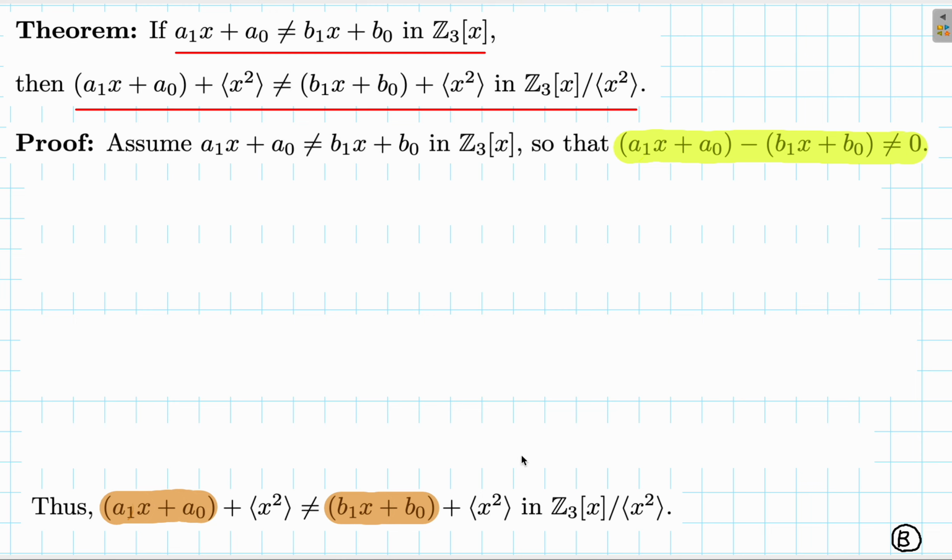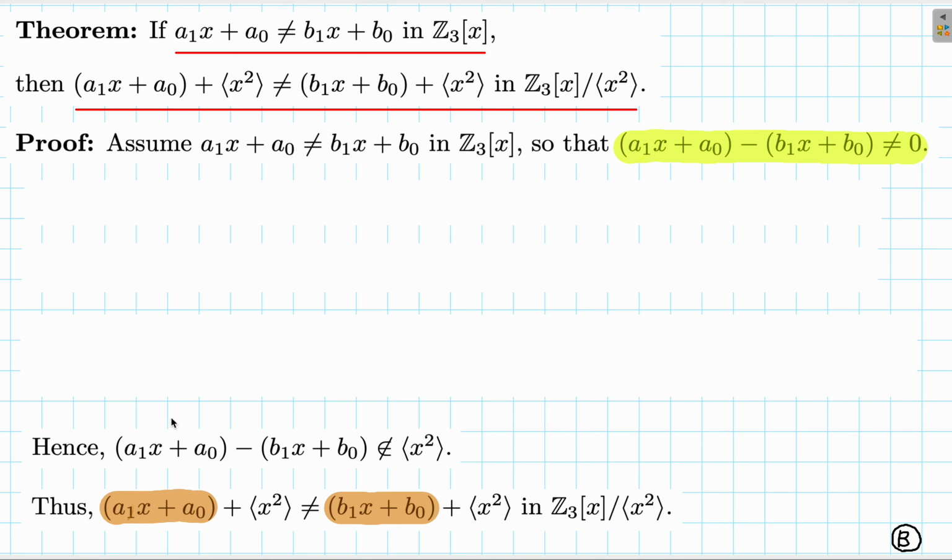So the second to last step in our proof is to conclude that the difference of these coset representatives is not contained in bracket x squared. And this is going to be the new goal for our proof. So we hope to show that this difference is not contained in bracket x squared.